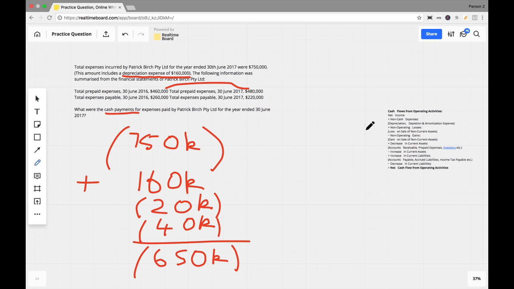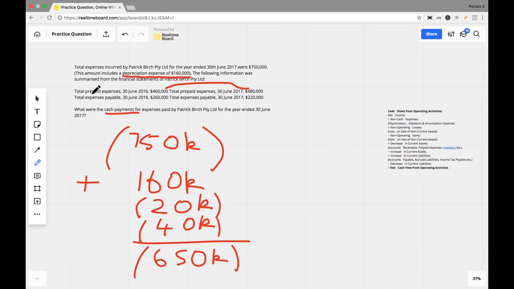The other thing to think about is that the actual expenses are driven primarily by cash payments for expenses, but they also are driven by the prepayment account that sits as a current asset, and by expenses payable, because we accrue expenses when they've been incurred but haven't yet been paid.